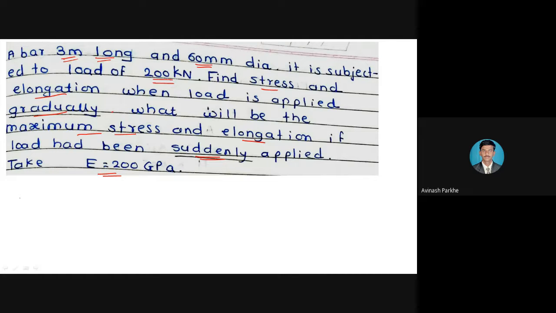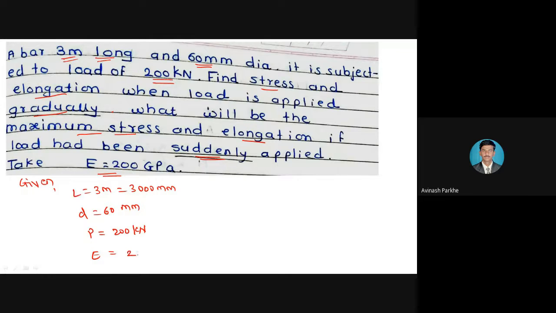So solve the problem. First of all, write down the given data. Length is equal to 3 meter is equal to 3000 mm. Diameter is equal to 60 mm. P is equal to 200 kilonewton.